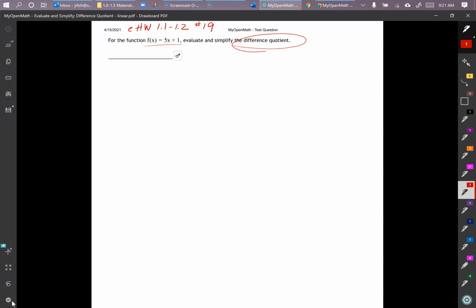So the difference quotient formula is given in problem 18, and I'll just write that out here. It's always going to be f of x plus h minus f of x. So it's the change in y over change in x.